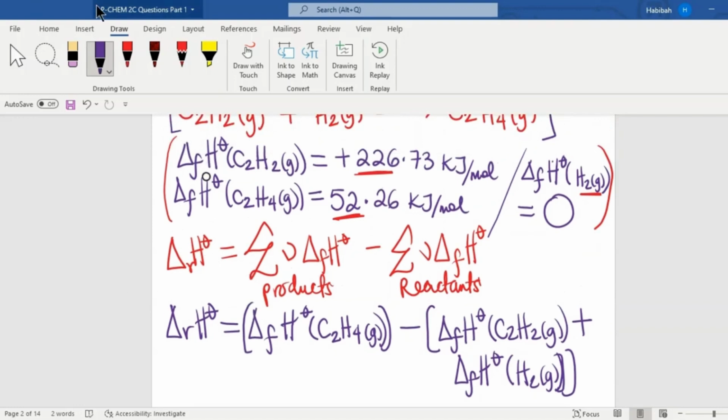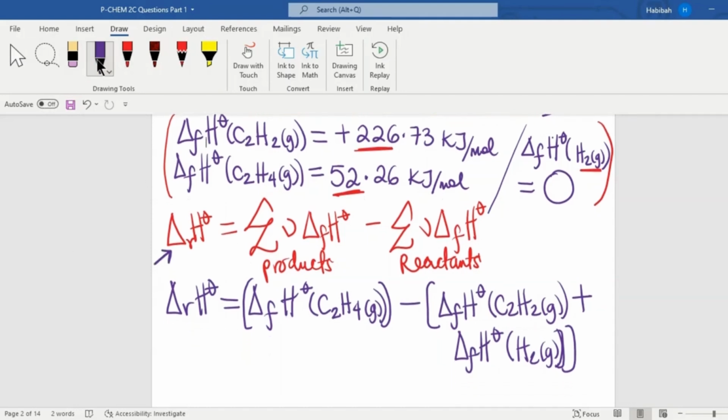So basically what we did here is that we translated whatever information is up top and wrote it in terms of the question. So all you have to do now is substitute. Change in enthalpy of reaction is going to equal C2H4, and we substitute whatever this is.